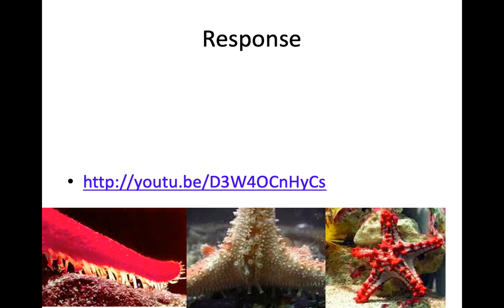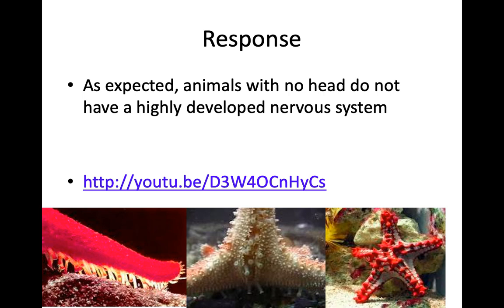All right, in terms of response to the environment, as expected, because we have no cephalization in echinoderms, there's no distinct head area. Animals with no head don't really need a highly developed nervous system with sensory organs like eye spots.